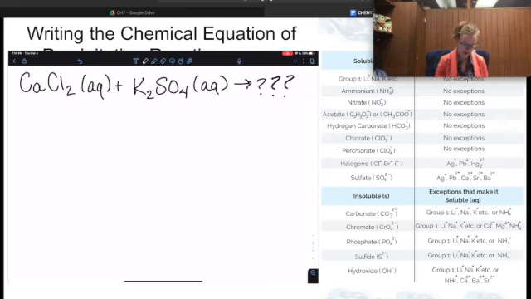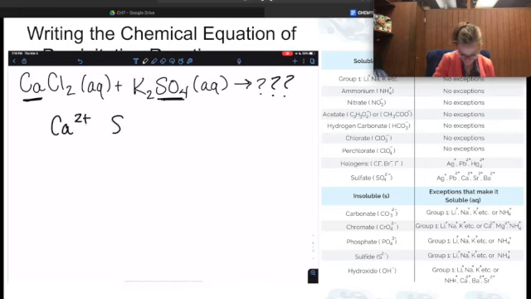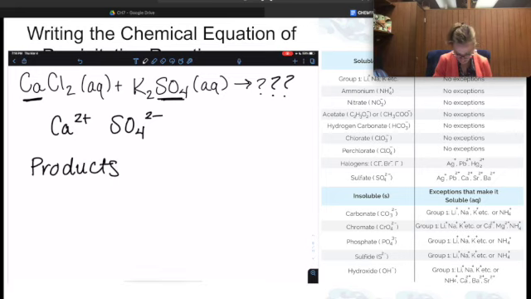So if I have CaCl2, I'm going to take the calcium with the sulfate, therefore calcium is 2 plus, sulfate is SO4, 2 minus. So if I want to write the correct chemical formula of the products, I have CaSO4 as one of them. My other pair is the chlorine with the potassium.